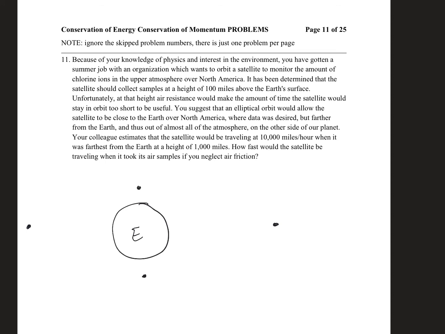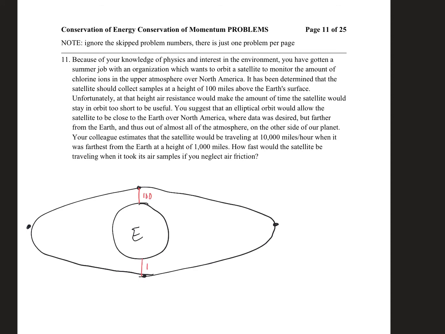Just pretend that's an elliptical path. At the low point, we're going to have a 100-mile orbital height, and at the high, we're going to have 1,000 miles.